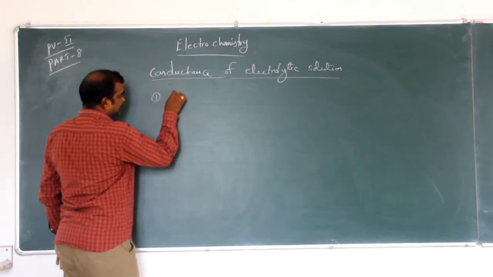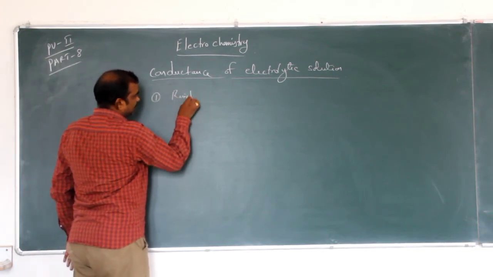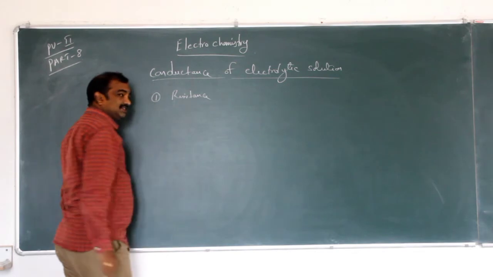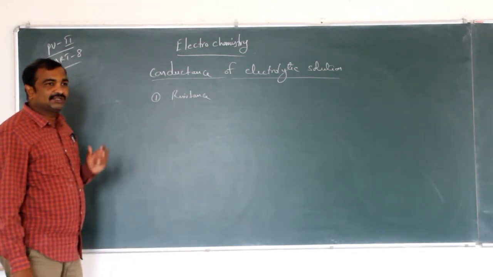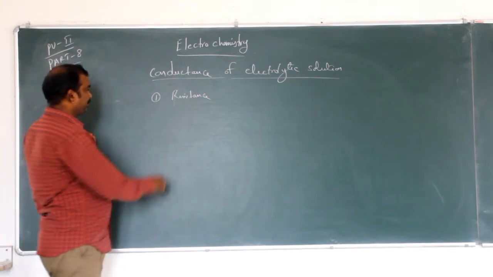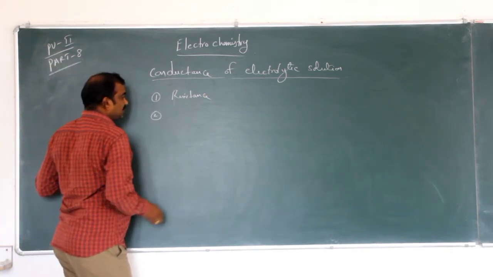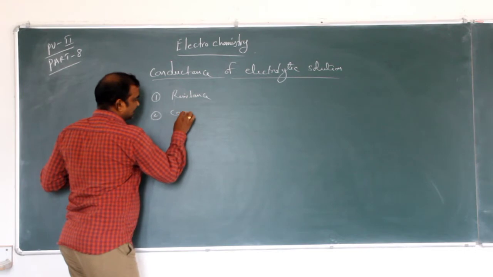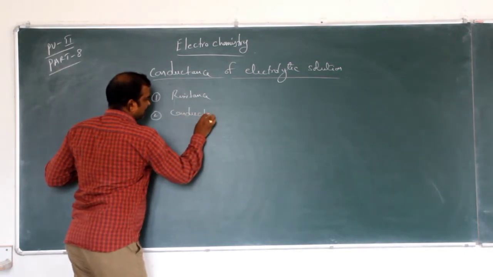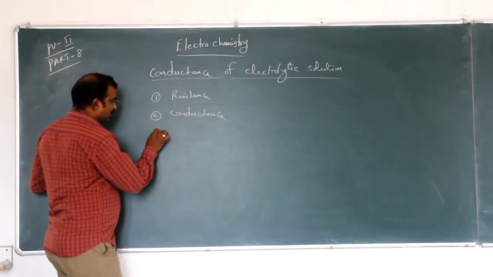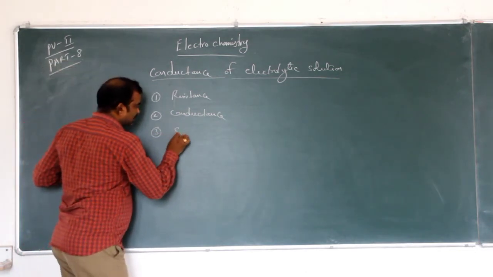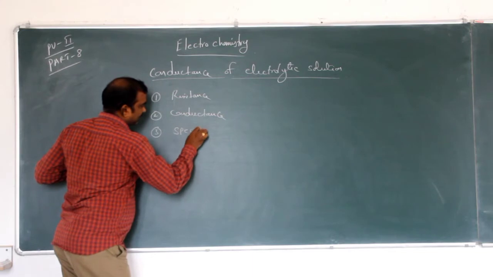One is resistance. What is resistance? How it is related and what are the units of resistance, we discuss right now. The second one is conductance. The third one is specific conductance.